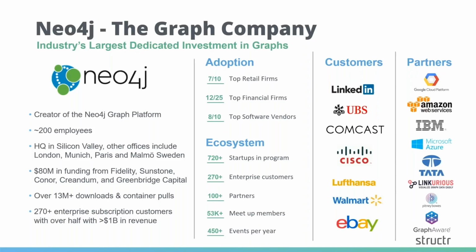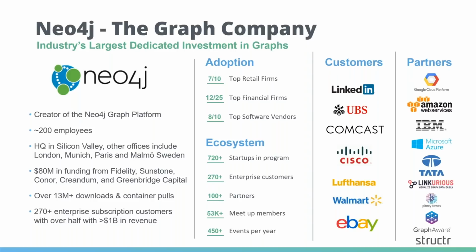So very quickly, just some background on Neo4j. A little bit of our current situation is we are enjoying a great surge in the adoption of graphs, both from our customer standpoint as well as partnerships within the market.